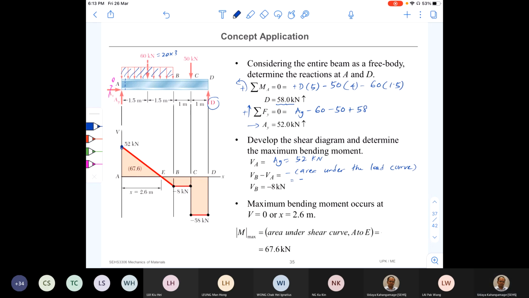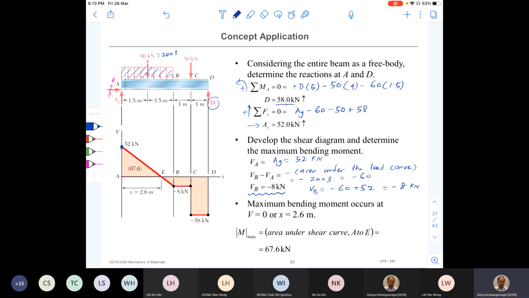That is 20 into 3, negative 60. We know that VA is equal to 52. Therefore, VB is equal to minus 60 plus 52, which is negative 8 kilonewton. That is how I got this answer.